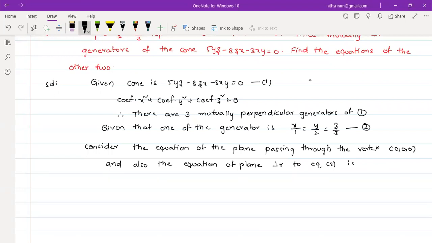It means I am going to write an equation of the plane perpendicular to the given line. Whenever a line is perpendicular to the plane, we can consider the DRs 1, 2, 3 in the denominators, and those terms can be treated as the coefficients of x, y, z in the plane equation. So I am writing x plus 2y plus 3z is equal to 0.